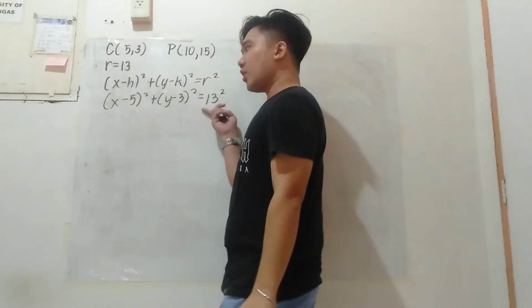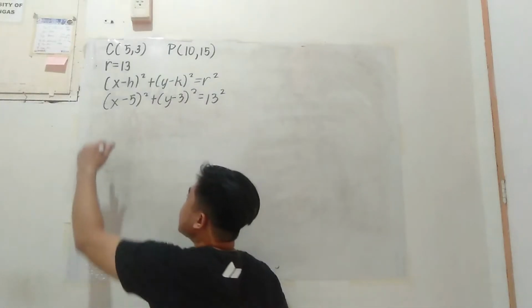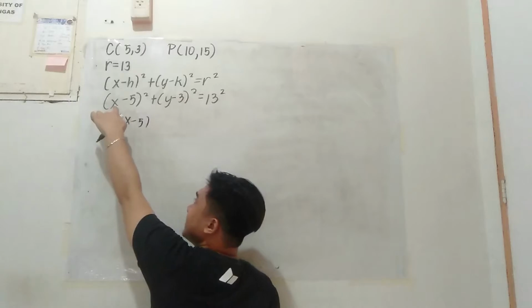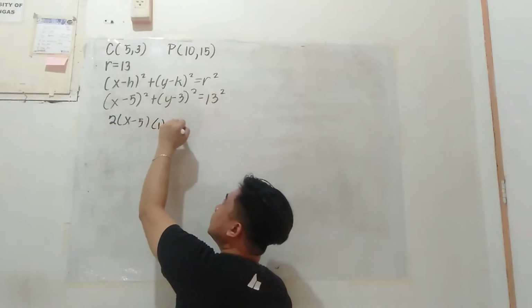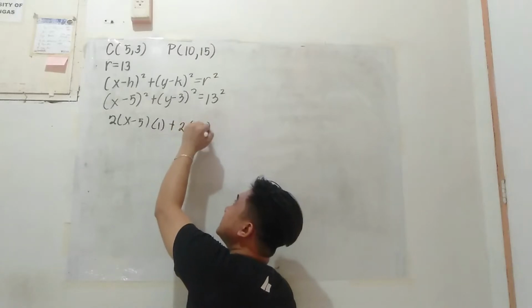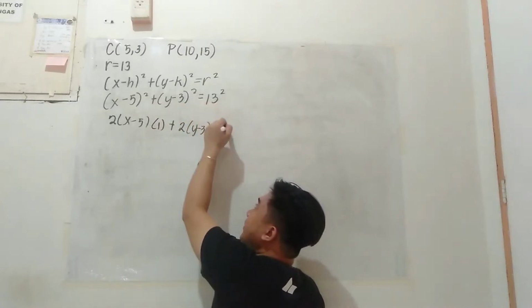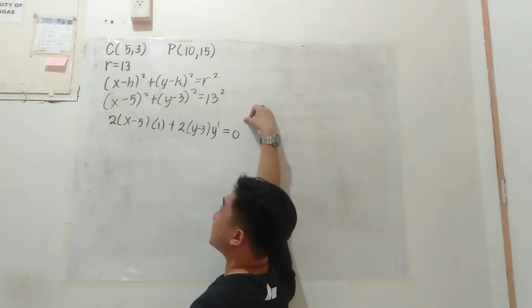So, kukuhain ko ang derivative nito implicitly. Okay? So, that is equal to 2 times x minus 5 times derivative of x, which is 1, plus 2 times y minus 3 times y prime. Derivative of 13 squared, that is just constant, that is equal to 0.